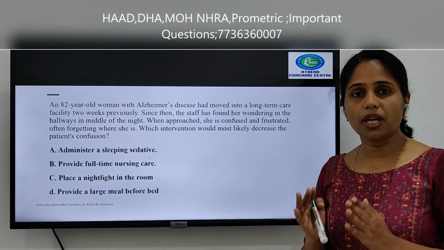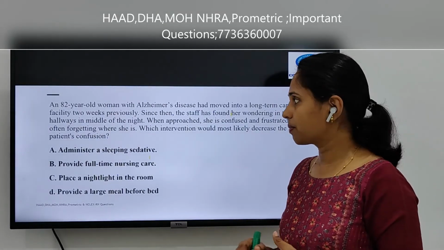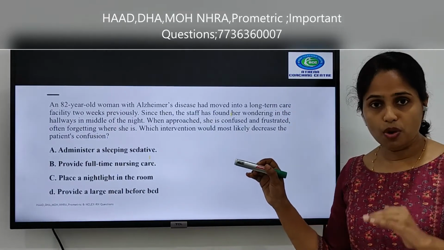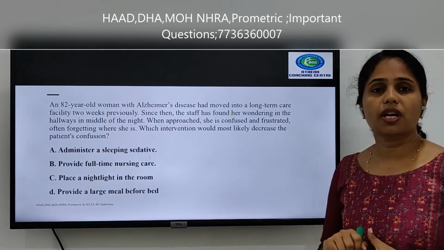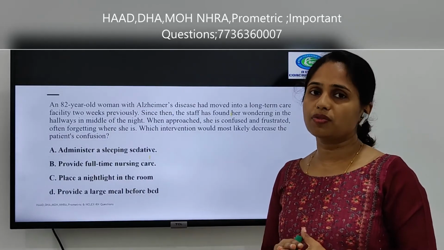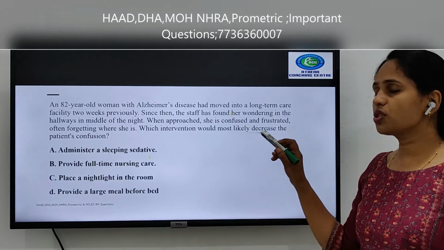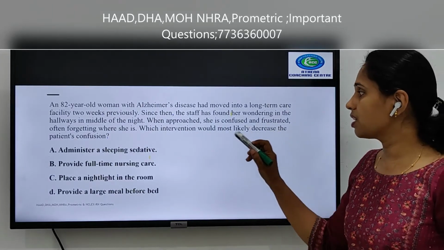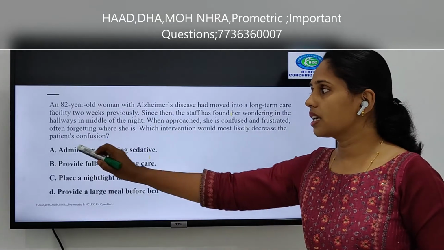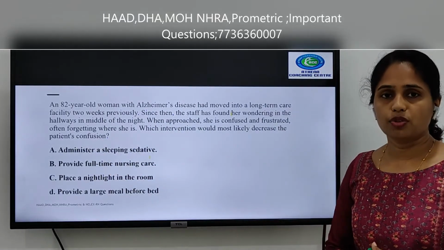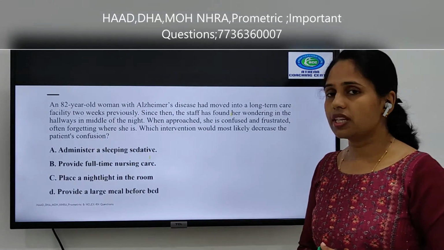So that is a peculiar sign of Alzheimer's. Which intervention would most likely decrease the patient's confusion? The key point of this question is that you have to remember it is most likely decrease the patient's confusion. Fine, so we'll see the options.